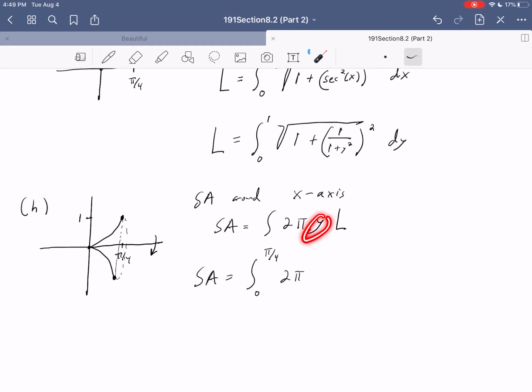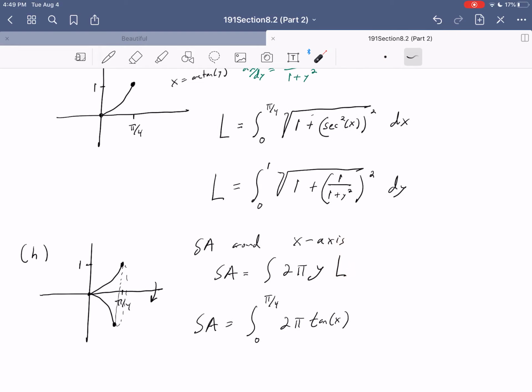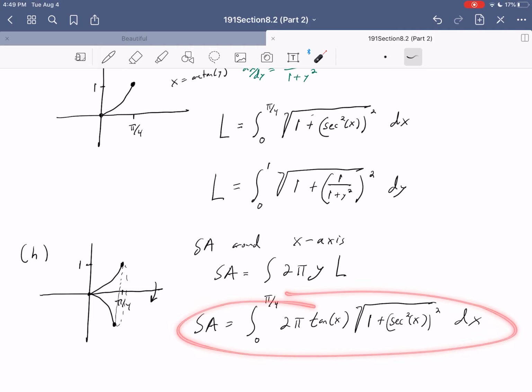In terms of y, we can't use y because we want to work with respect to x, so we'd replace it with the function, which is tan x. And then for the arc length, we would use this x-based arc length expression, so the square root of 1 plus secant squared x squared dx. So there's our surface area for going around the x-axis if we want to work with respect to x.